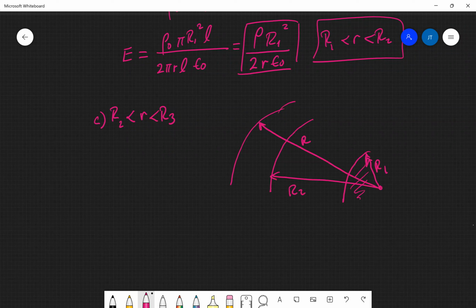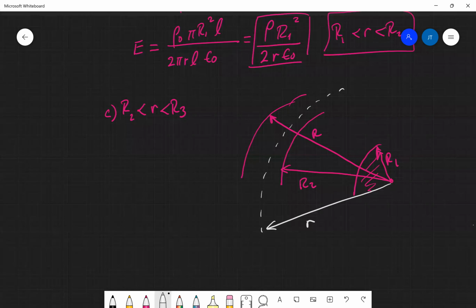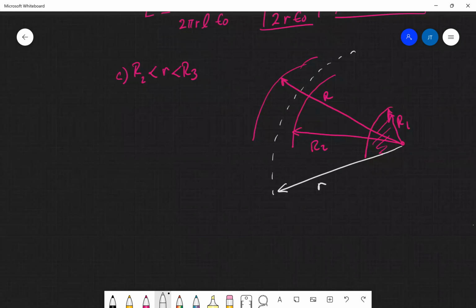My Gaussian surface lives inside the shell, a distance R. Right? So now, how much charge is inside this Gaussian surface, that cylinder of radius r and length L?